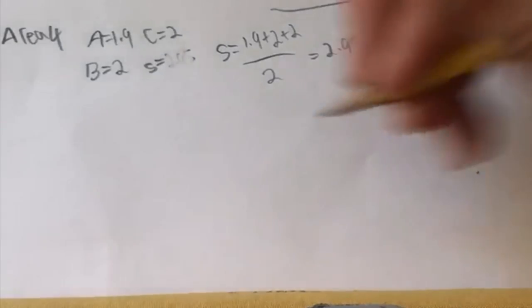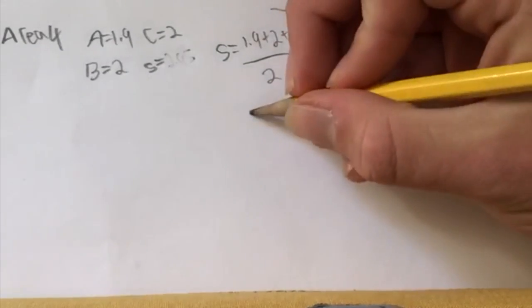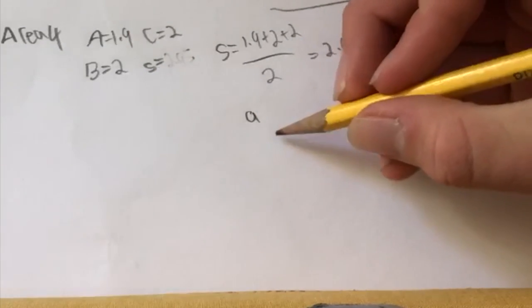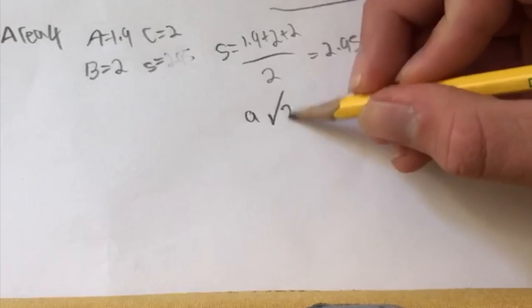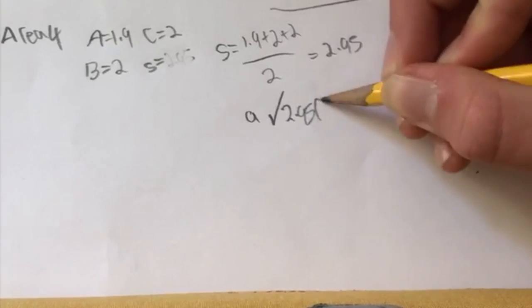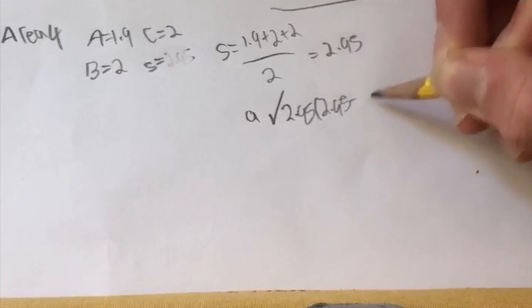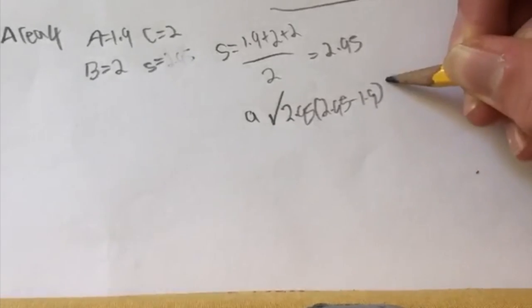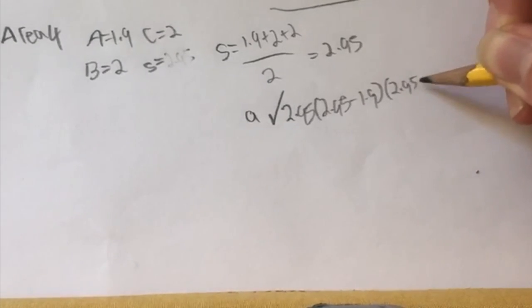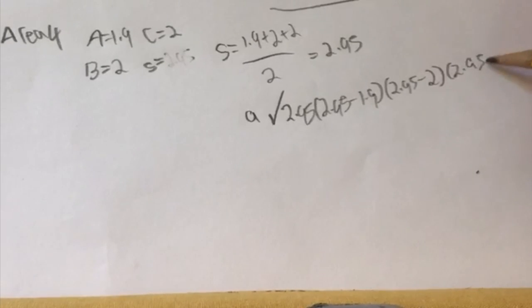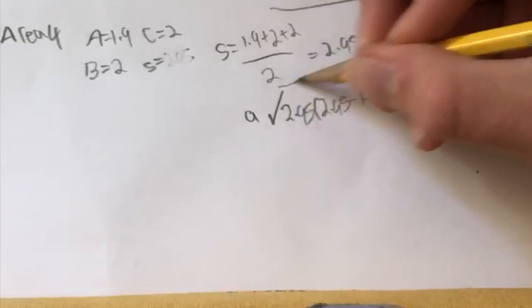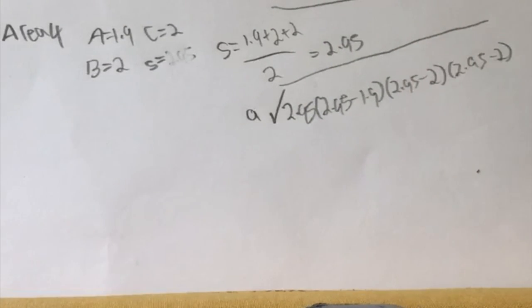Now that we have S, to find the area we plug it into the theorem: 2.95 minus 1.9, 2.95 minus 2, 2.95 minus 2, all square rooted, and plug that into the calculator.